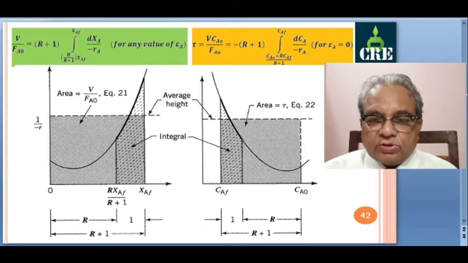Now these two representations you can see here: 1 upon minus rA, integral y dx, y is 1 upon minus rA, this is plotted on the y axis. Here XA is the variable, so XA we write, and we can start the complete system from 0 to XAF, and this r by (r plus 1) XAF represents the lower limit of this equation, which is based on XAF, where r is the recycle ratio. So this is the point representing this.